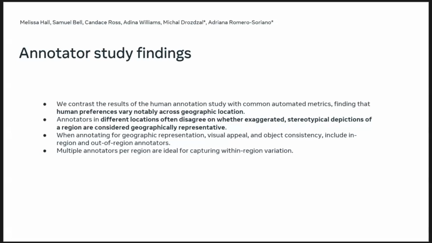When annotating, we had a few recommendations. The first one is that when annotating for geographic representation, visual appeal, and object consistency, it's good to include annotators that are within the region of interest and outside of the region of interest to capture all of these nuances. Moreover, it's desirable to have multiple annotations per region if we want to capture within-region variation.